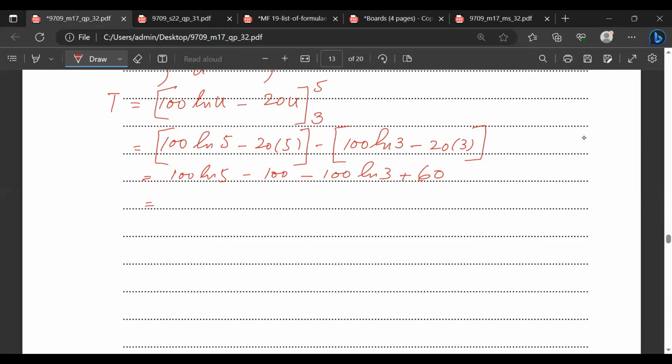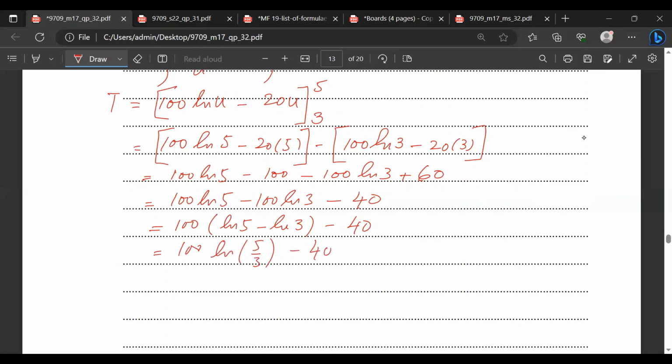Or you may simplify for the exact answer: 100 natural log of 5 minus 100 natural log of 3 minus 40. 100 is common: 100 (natural log of 5 minus natural log of 3) minus 40. Next, you can further write 100 natural log of 5 over 3.